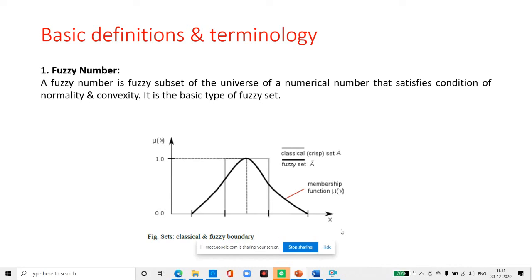So here the classical crisp set A and fuzzy set A. This blur line shows that this is the crisp set A, and this dark line shows that this is a fuzzy set A. And this is the membership function mu of x. The membership function goes from 0 to 1 and then decreases.